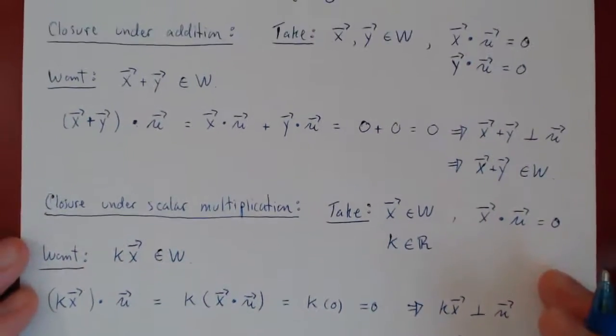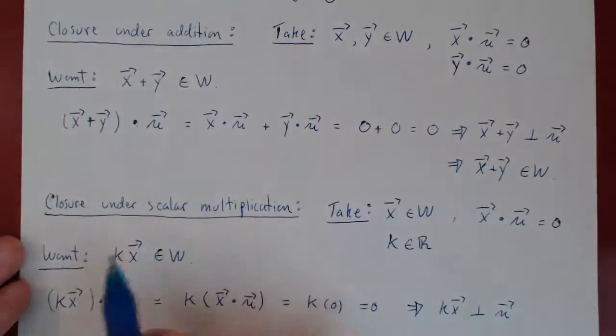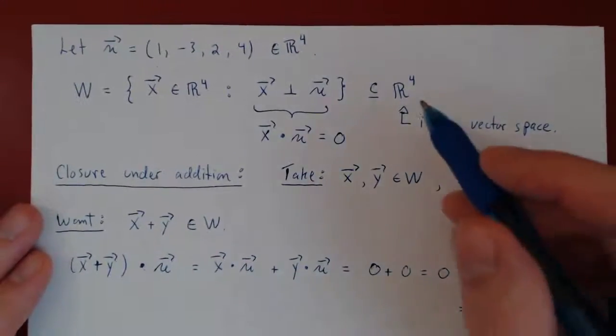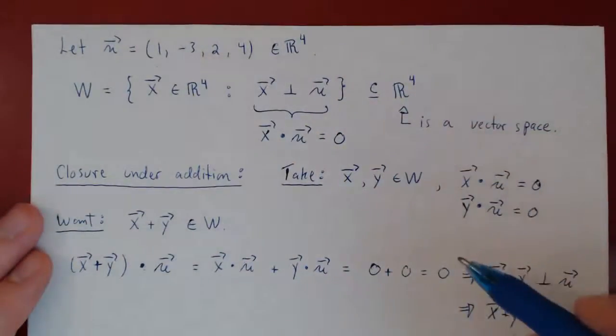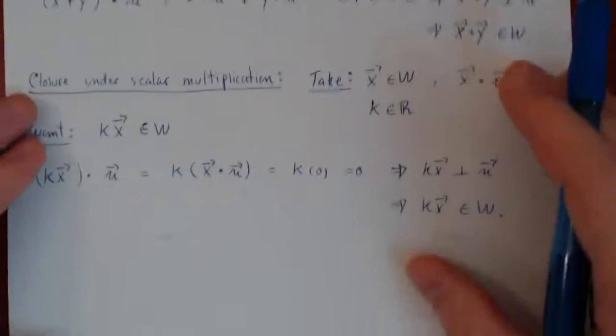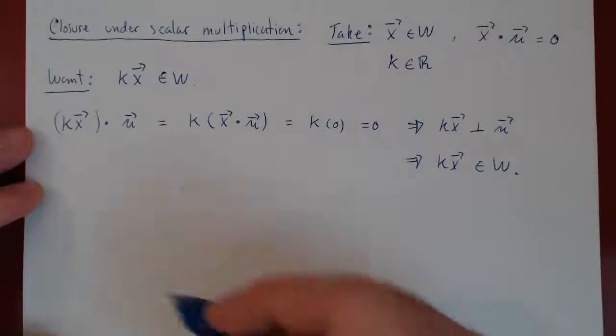So, because we have closure under addition and scalar multiplication for W, and W is a subset of a known vector space, by the subspace theorem, W is also a vector space. And it's our conclusion.